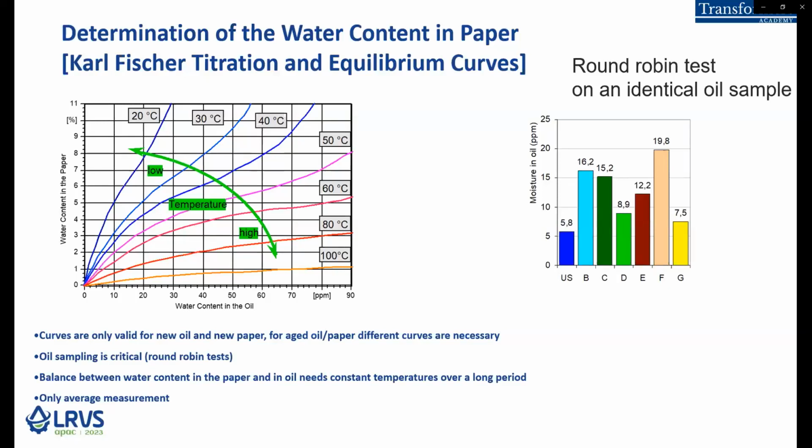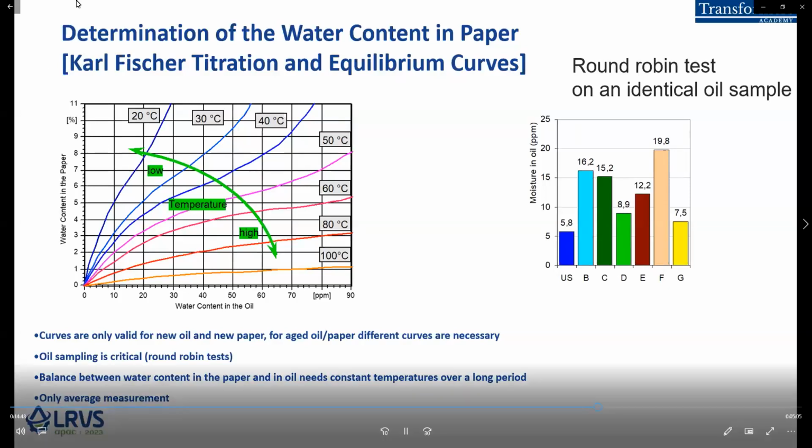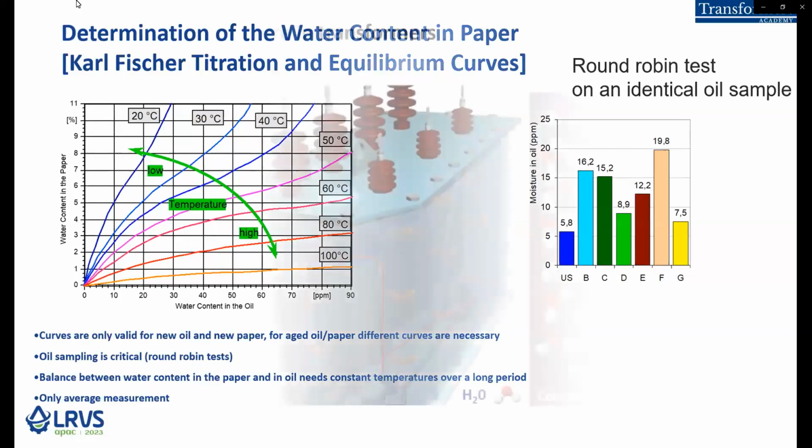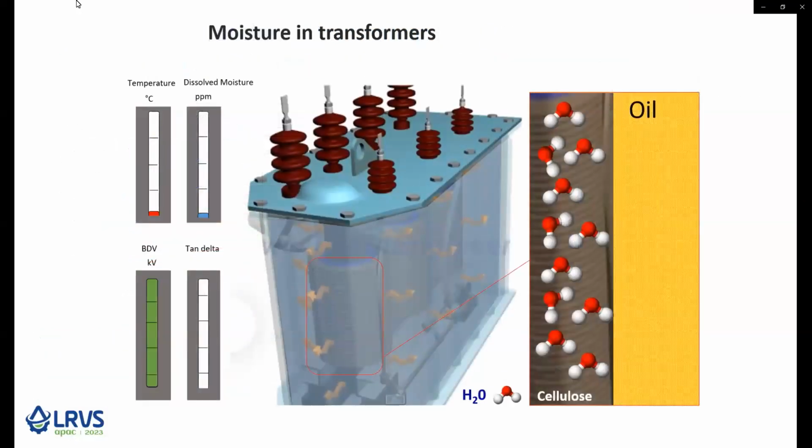This is why the Karl Fischer method that appears in the standard, that most of the laboratories perform, is not a correct method. And in the next future, probably other methods will appear to measure the water in oil in transformer, not by online methods.